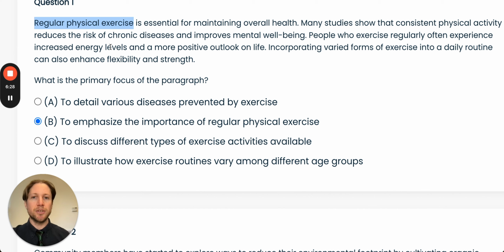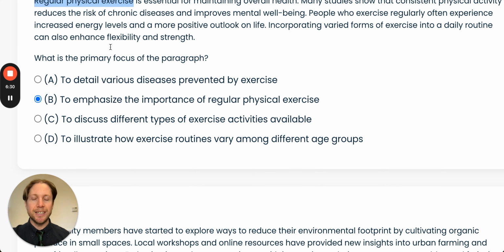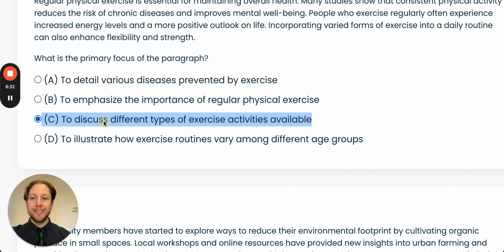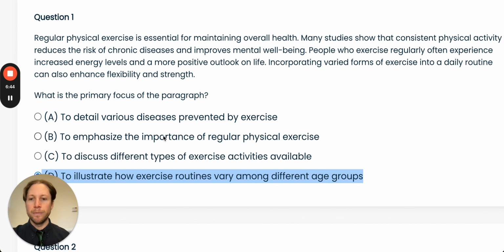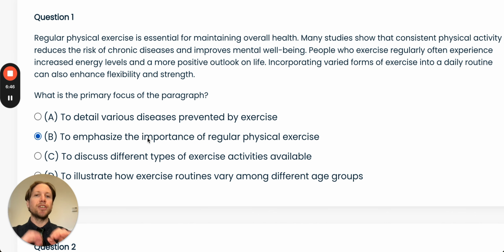But before I select B, I want to read C and D just to make sure. C reads, to discuss different types of exercise activities available. That wasn't it. And D, to illustrate how exercise routines vary among different age groups. Again, that's not the main idea. The main idea is to emphasize the general importance that regular physical exercise is important for overall health.